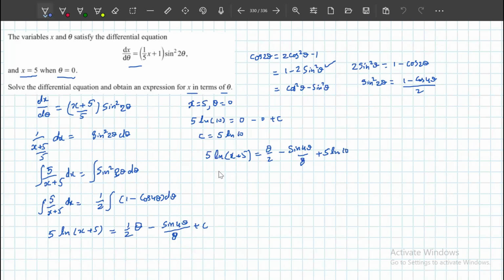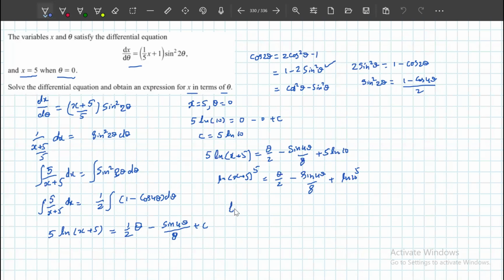And as we are looking for the solution of the differential equation as an expression of x in terms of theta, we have to find x. But before moving on, we use a few formulas of logarithm. The third law of logarithm says we can write this value of 5 as a power, like log of (x plus 5) whole power 5 is equal to theta over 2 minus sine 4 theta over 8, and this we can also write as log 10 power 5, and if you bring it to the left side it becomes minus.